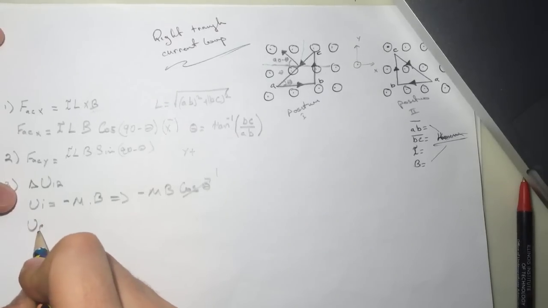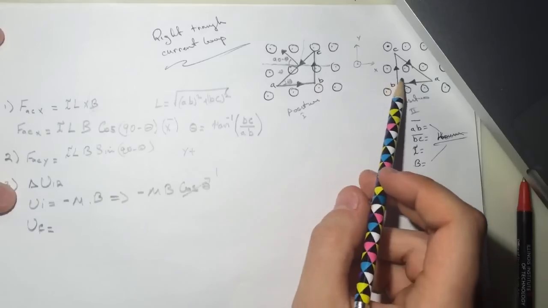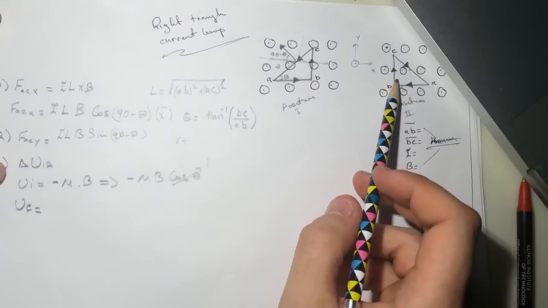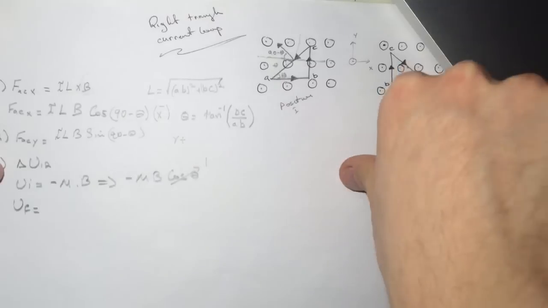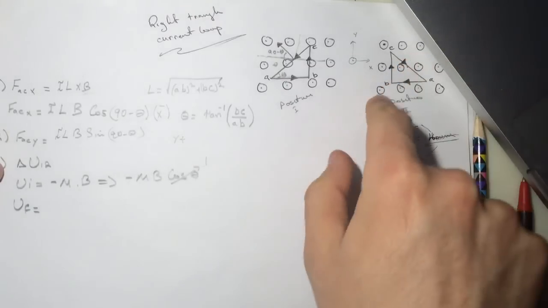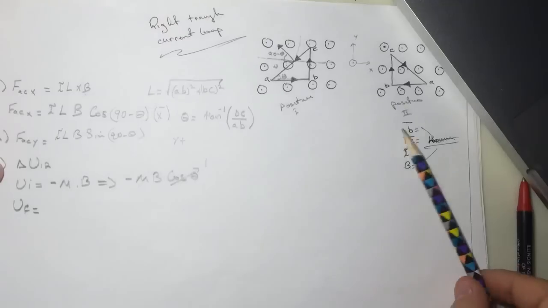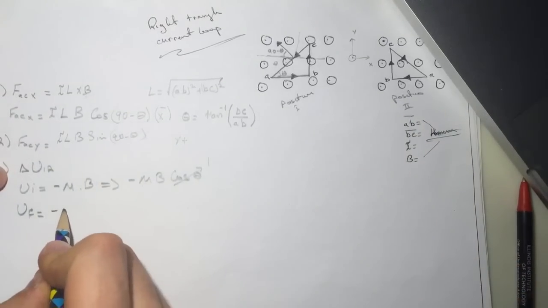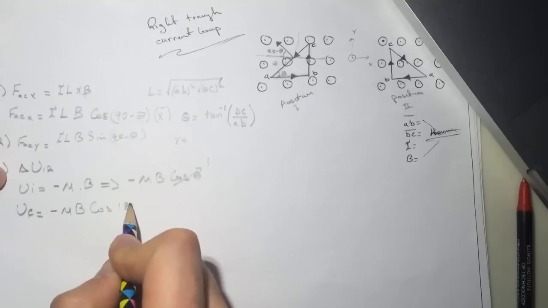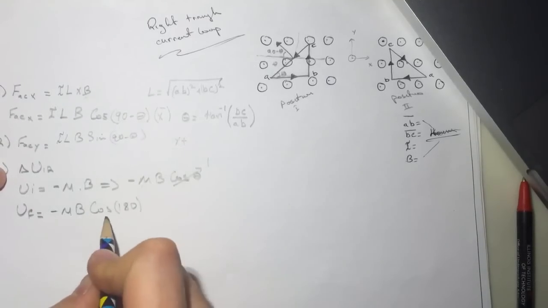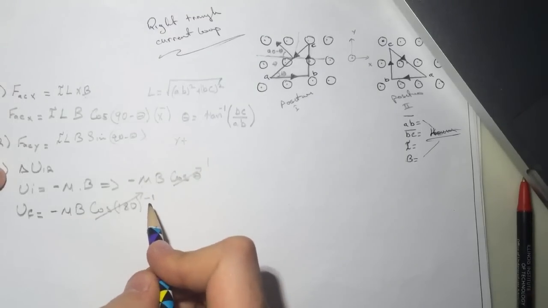So the U final now will be equal to, look at the U final here. The magnetic moment is pointing into the screen, and the magnetic field is pointing out of the screen. So the angle between them is 180 degrees, and the cosine will change it to minus 1.